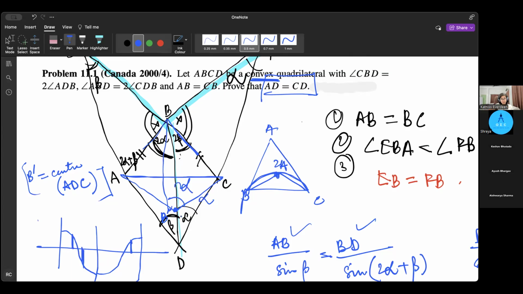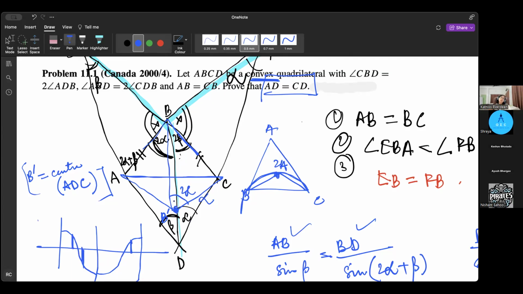Won't it lie on the BD only? But you don't know if the reflection lies on BD, do you? So how do you know it's alpha? Because it's a circumcenter, right? But the circumcenter doesn't necessarily lie on BD.